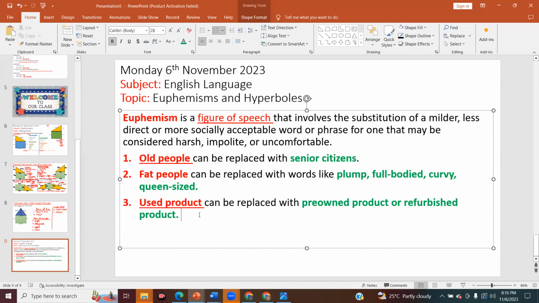Do we understand what we mean by euphemism? So let's say that someone is short. Instead of saying short, what could you say? Vertically challenged. Tiny. A late bloomer. Very good.